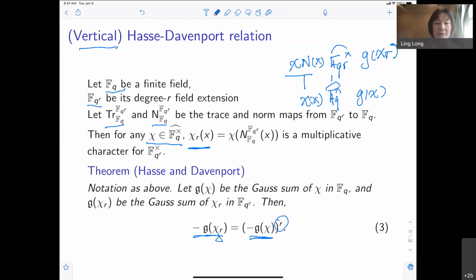I will call this the vertical Hasse-Davenport relation. In comparison, the horizontal one is where you work on the same field and do the multiplication formula.